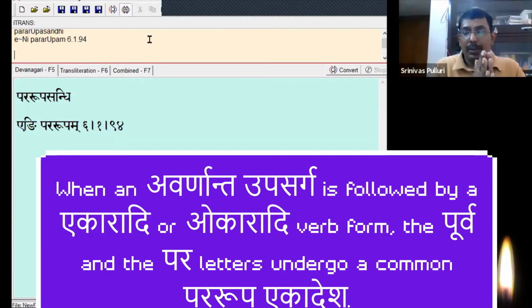When they come together, the first word's last letter disappears. So in the technical way of saying, in the place of the first word's last letter, the first letter of the second word is replaced. In a simple way, the first word's last letter is disappeared.